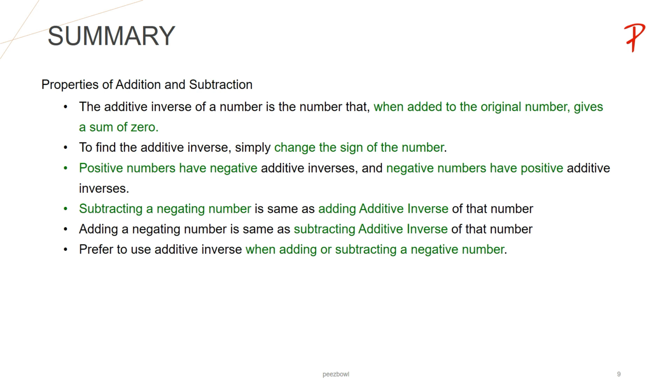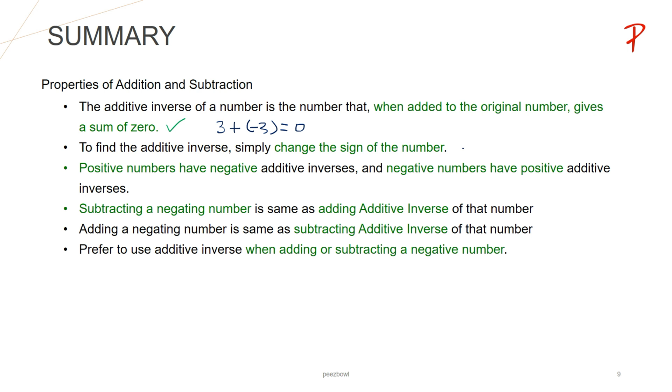Okay, to summarize, the additive inverse of a number is the number that when added to the original number gives a sum of 0. For example, 3 plus minus 3 is equal to 0. To find the additive inverse, simply change the sign of the number.